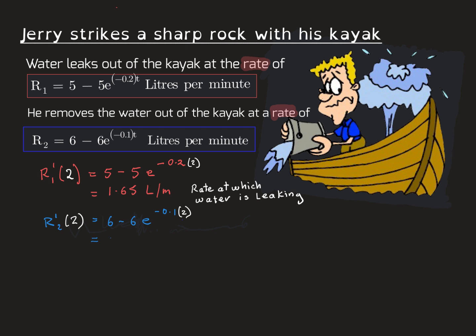And once again, using the calculator to work this out, we'll get 1.09 liters per minute. So note that the rate at which the water is leaking is higher than the rate at which the water is being removed.